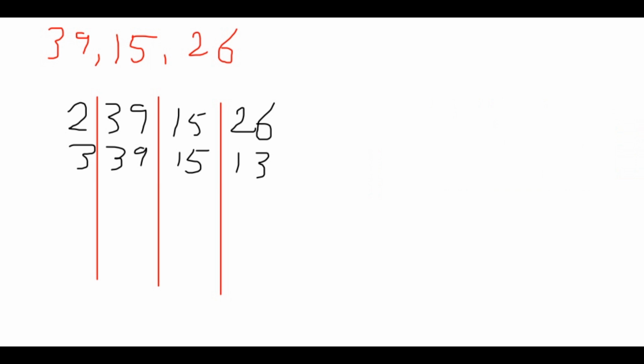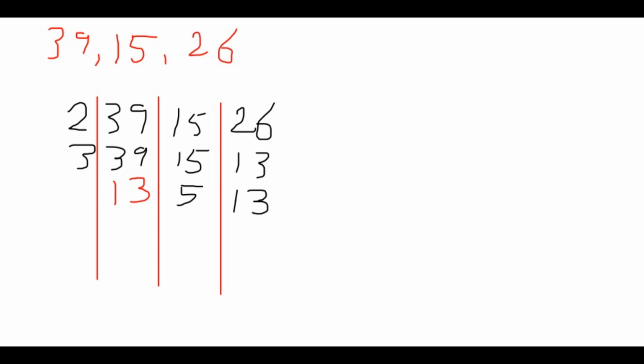Now since we are dividing by 3, 39 divided by 3 is 13, and 15 divided by 3 is 5, and 13 can't be divided by 3, so we'll just bring down the 13.